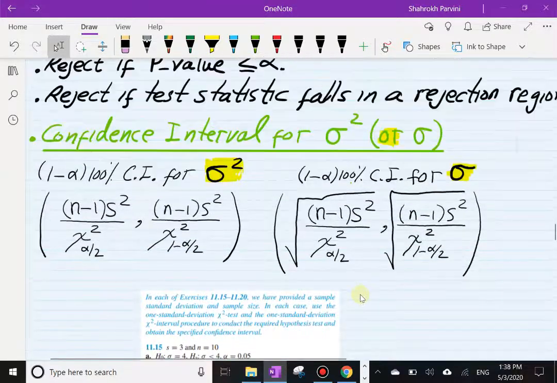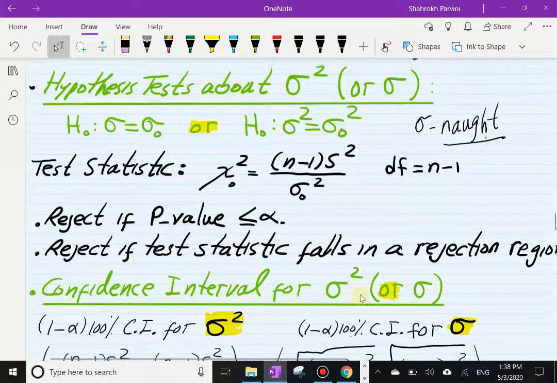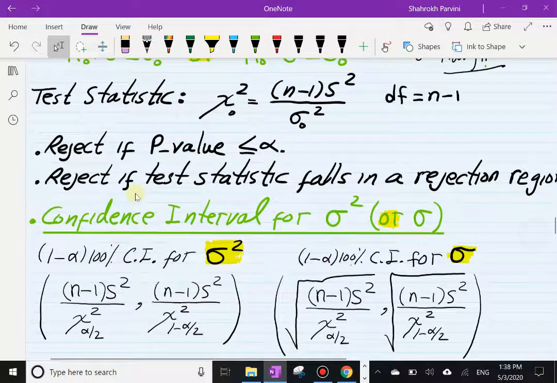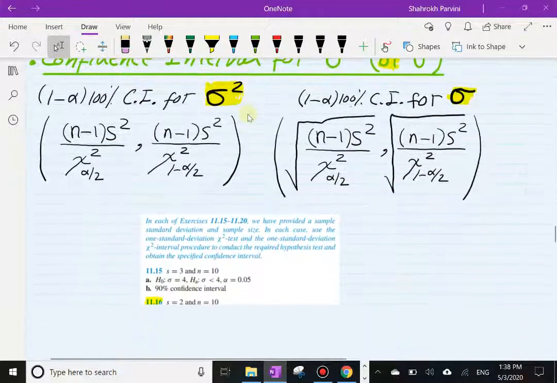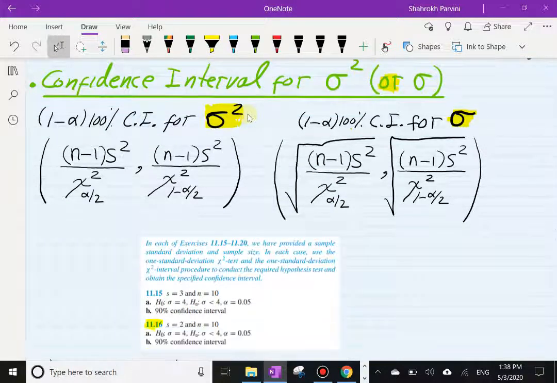So again, to recap, we have two important formulas. This is really all the author talks about. He gives you the test statistic for the hypothesis test, and he gives you this. Those are the two formulas we have. One up here, one down here. Okay. So let's take a look at this, and the work that we do in this section, by the way, you can do the whole thing in StatCrunch.